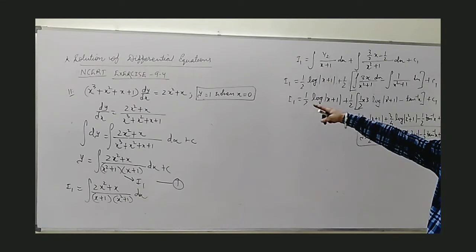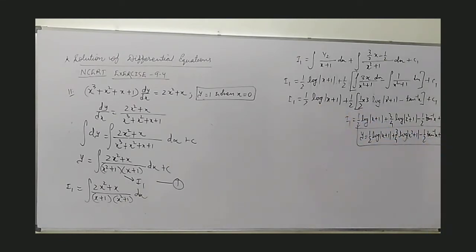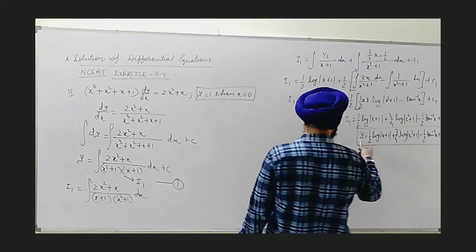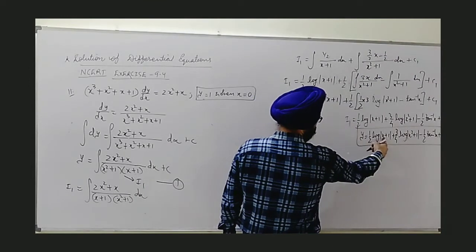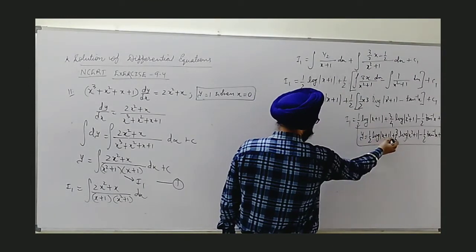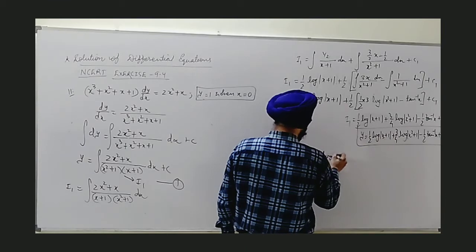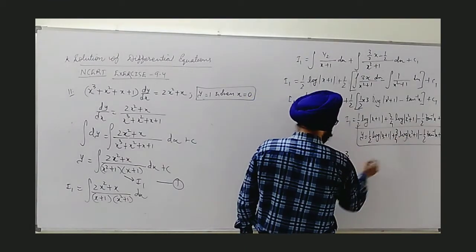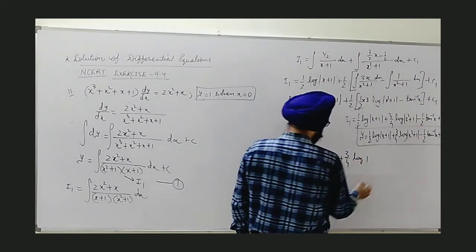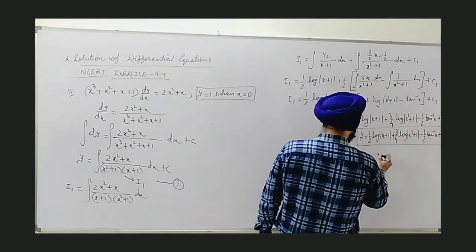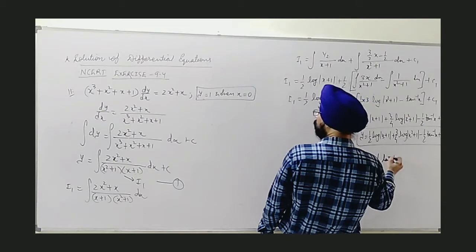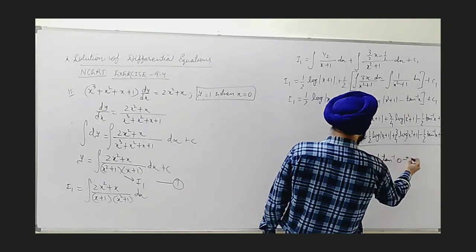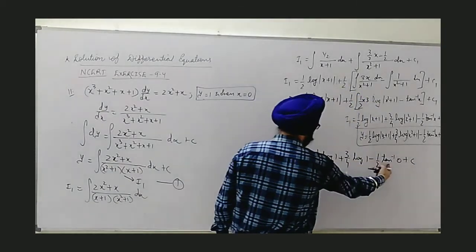It says that we need to put x equal to 0, y is 1. Now, everywhere, if y is 1, it makes half log 0 plus 1, log 1, which surely is going to be 0. Here also 3 upon 4 log 1, this will turn 0. Minus half tan inverse 0 plus c. So these 1, 2, 3 terms are 0.